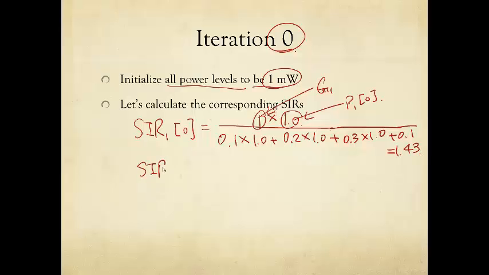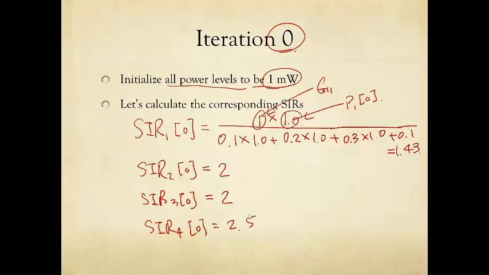Similarly, we can calculate the SIR for the second user at initialization, which turns out to be 2. For the third one, it turns out to be 2 as well, and the fourth one turns out to be 2.5.